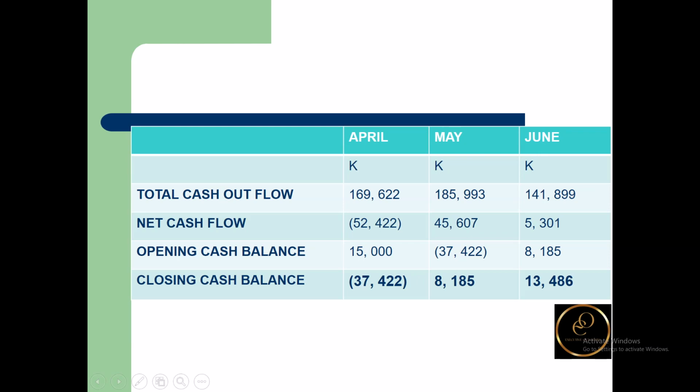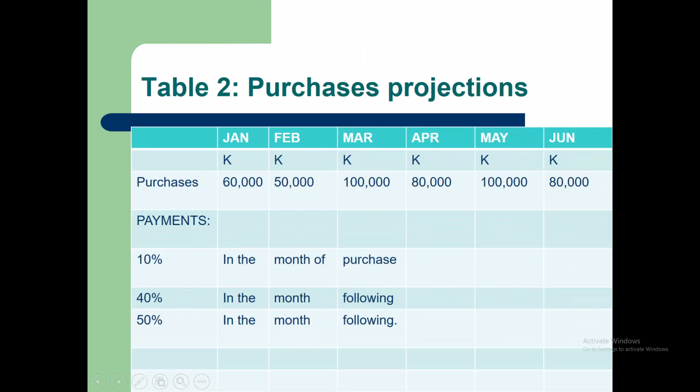Assuming that this is the opening balance in April, we put it here, opening cash balance 15,000 kwacha, and then we add it to net cash flow. Okay, so let me just change this one.